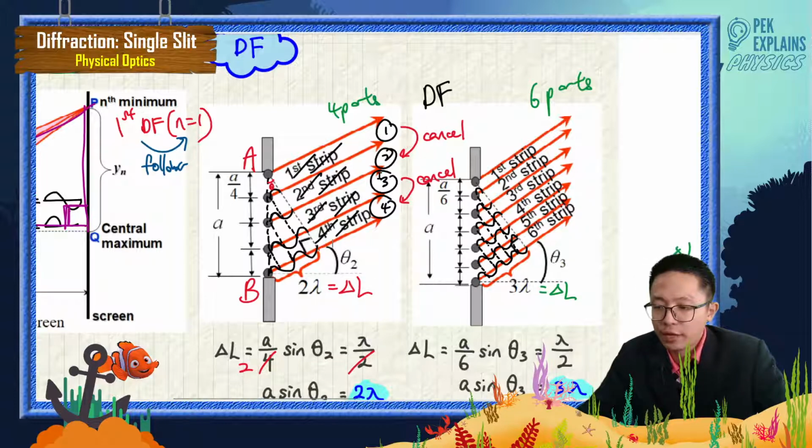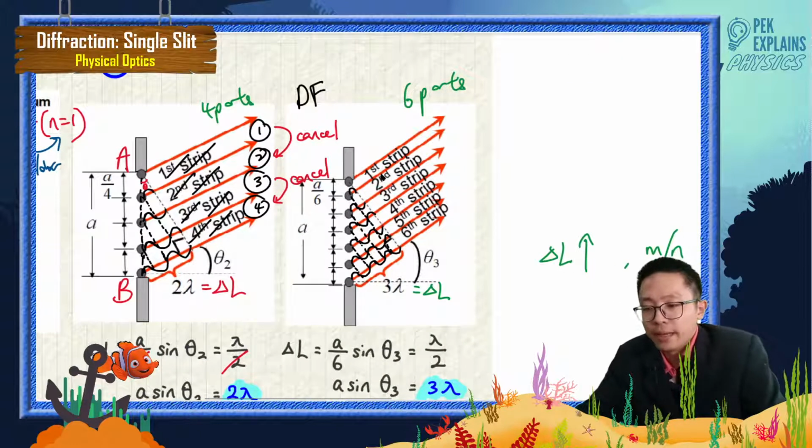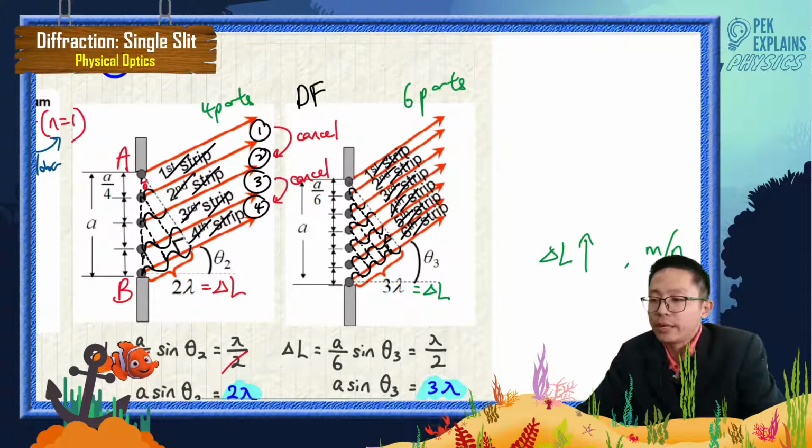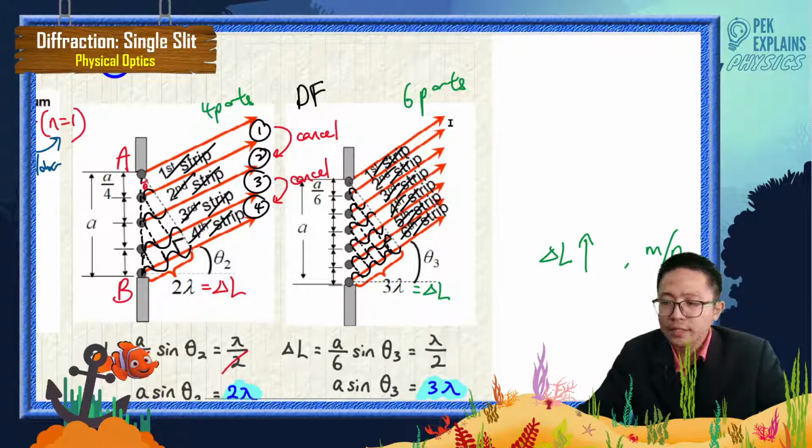And the sixth one also, the first part cancelled by the second, the third by the fourth, and the fifth by the sixth. It's always the first cancels the second, the third cancels the fourth, the fifth cancels the sixth.